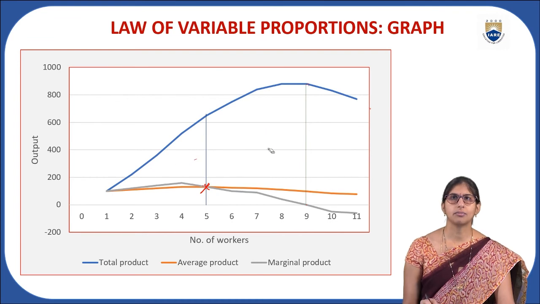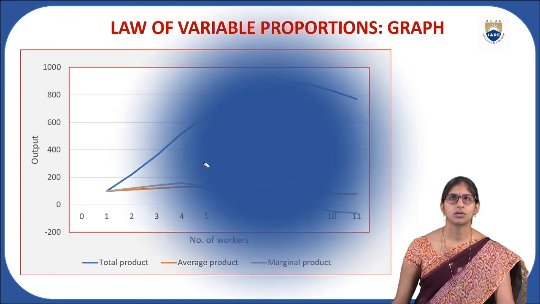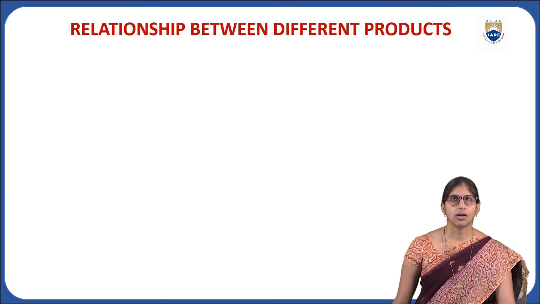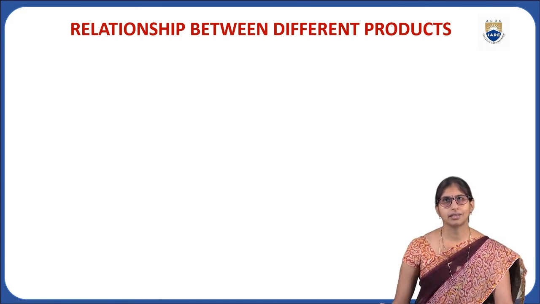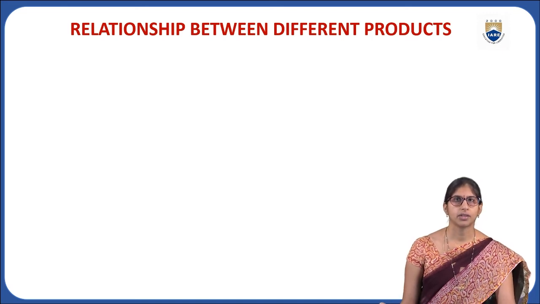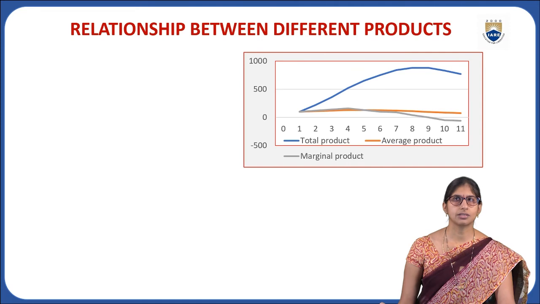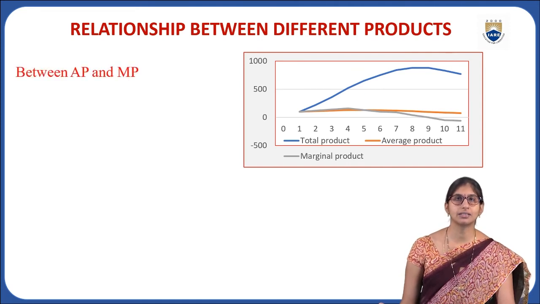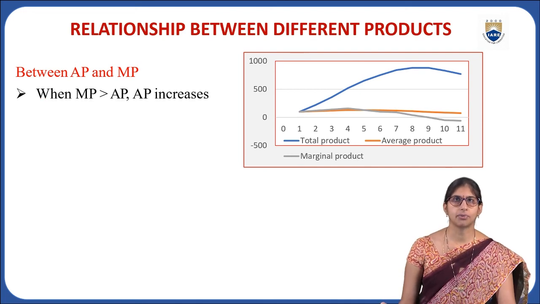Now coming to the next, let's know the relationship between the different products we have. This is the curve which we have seen, and let's see the relationship between average product and marginal product.